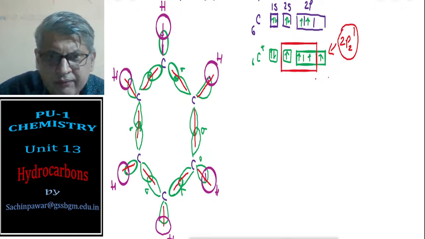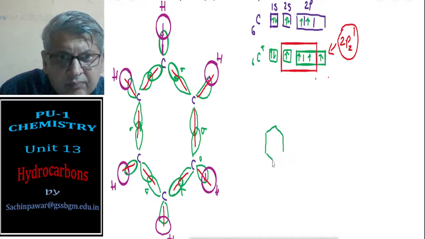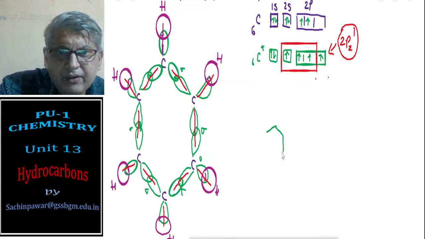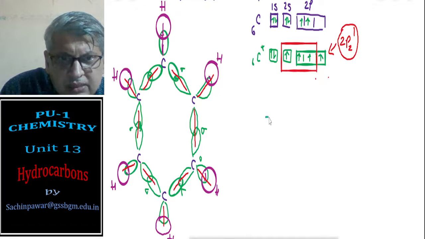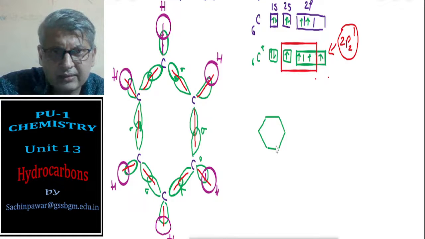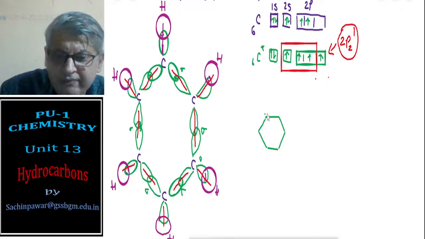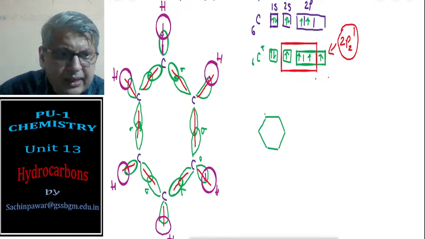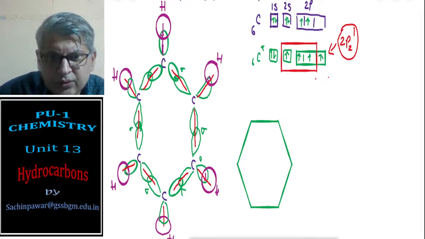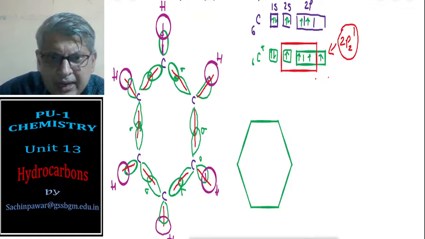Now this structure is a hexagonal structure. Better I'll write it in a different way, a bit bigger.